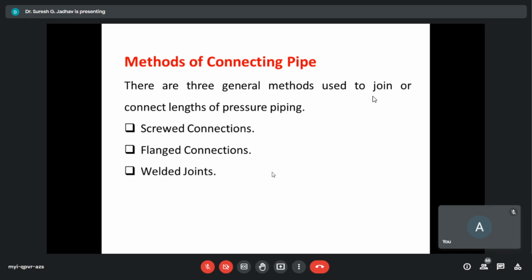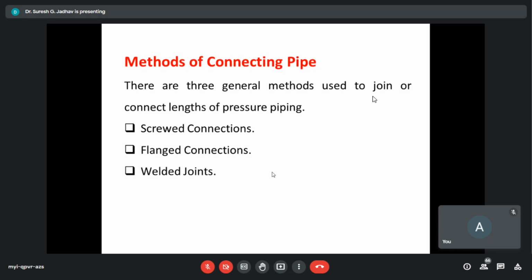The use of welded joints for piping has several advantages over the use of screwed connection or flange connection. See, the possibility of leakage is removed with the elimination of screwed connection or flange joints if we use welded connection methods or weld joints.